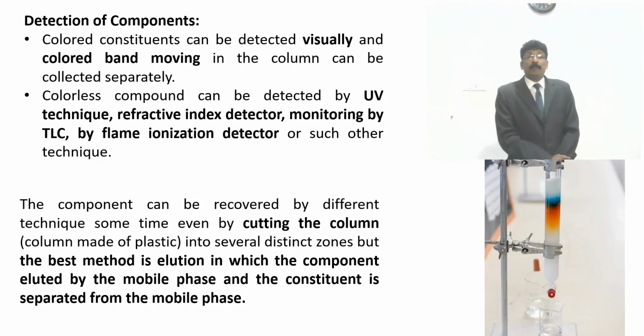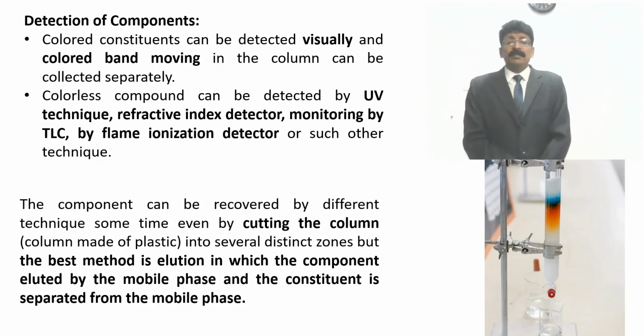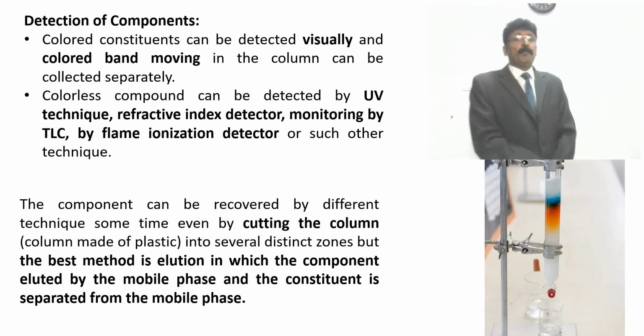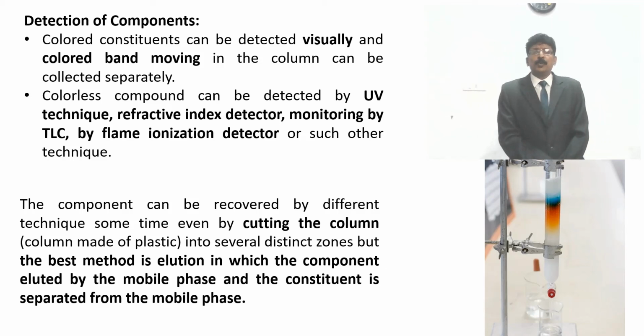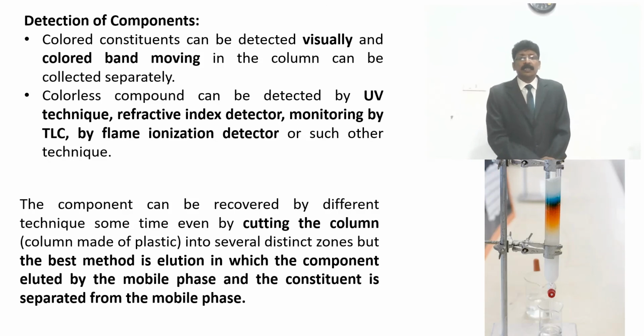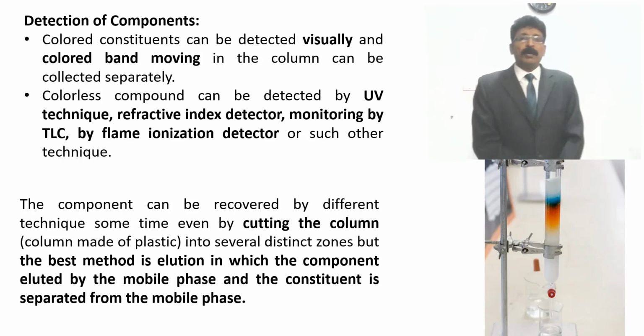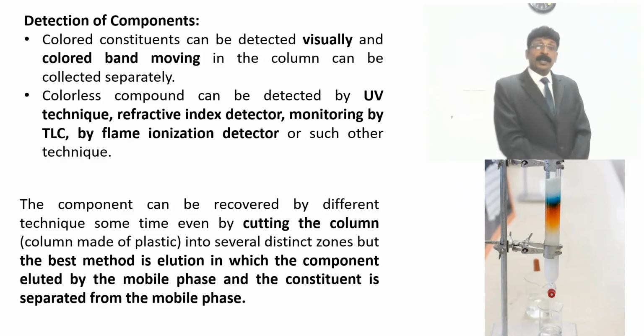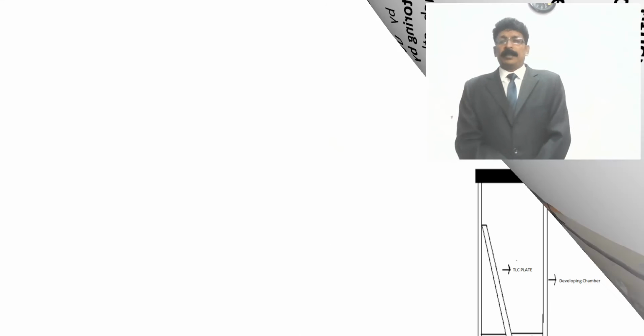The component can be recovered by different techniques, sometimes even by cutting the column, which may be made of plastic and can be easily cut into distinct zones. But the best method is eluting, in which the component is eluted by the mobile phase and the constituent is separated from the mobile phase.